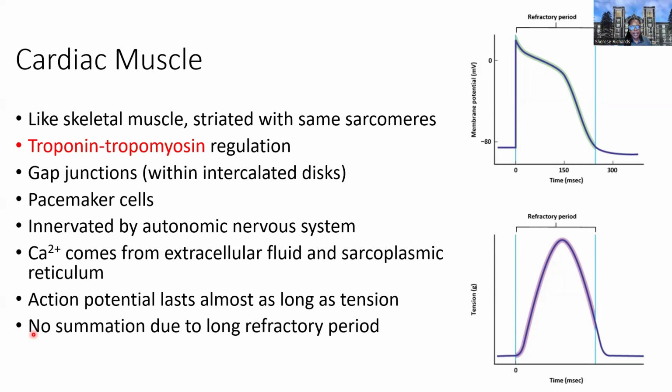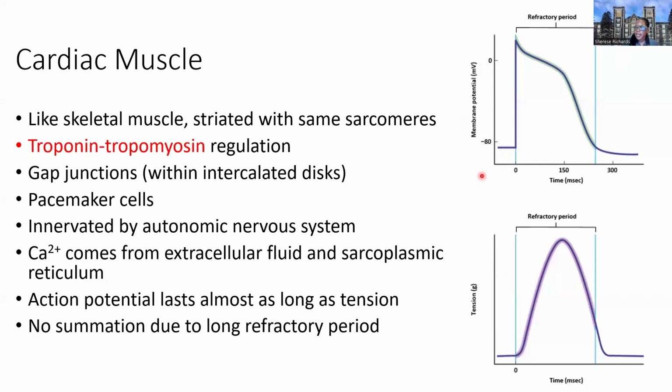In fact, the refractory period of cardiac muscle is so much longer that it's impossible for another action potential to come along and to be added to the existing action potential. The refractory period is too long for us to see summation with cardiac muscle.